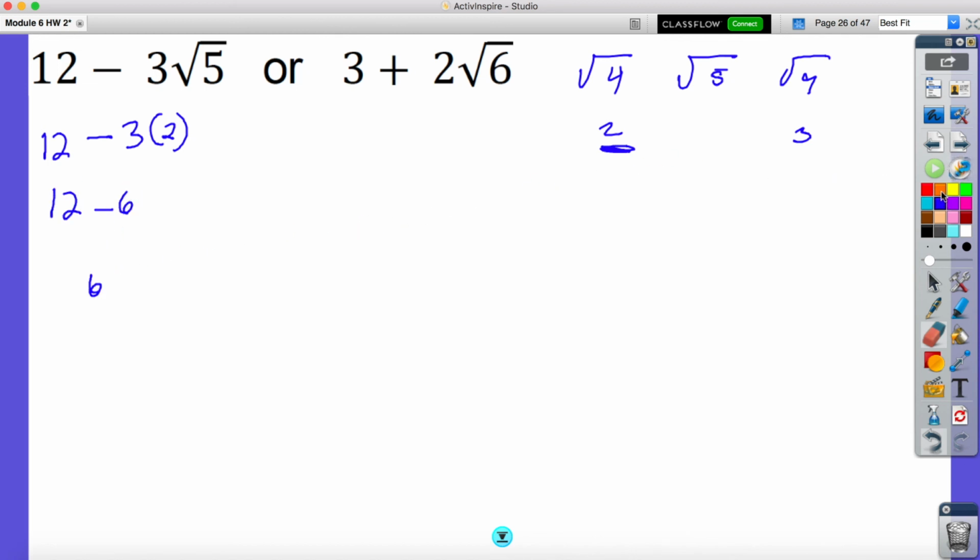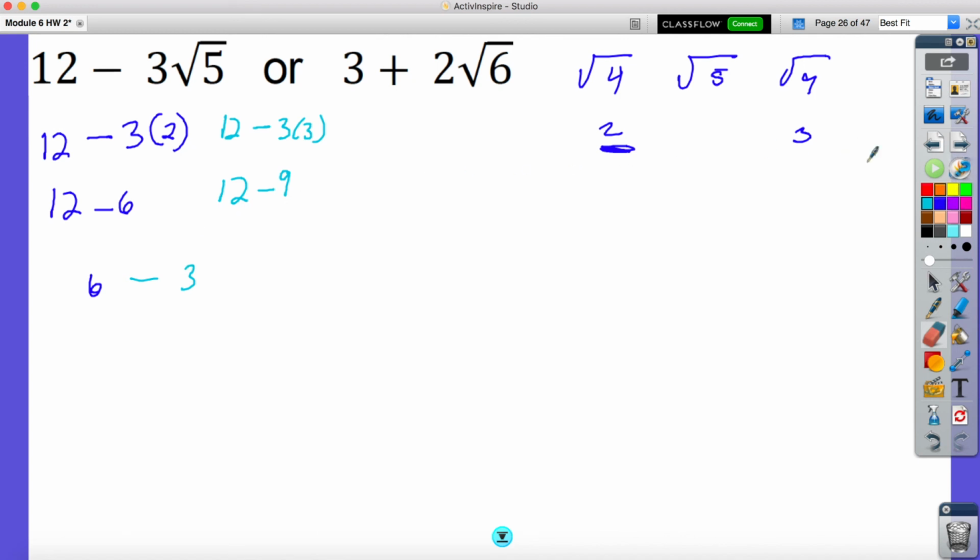Now let's use in lighter blue the higher end. This would be 12 minus 3 times 3. So this would be 12 minus 9, which is 3. So I know 12 minus 3 radical 5 is somewhere in between 3 and 6.